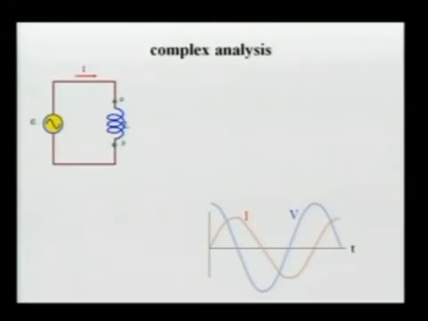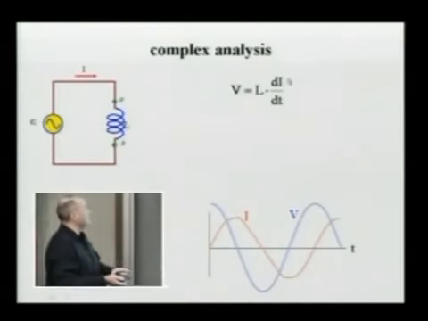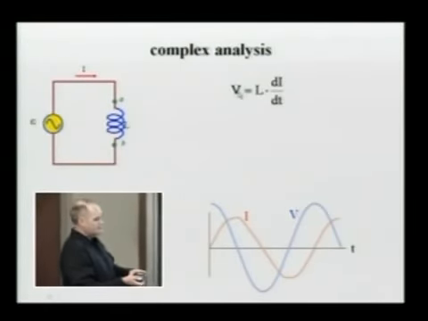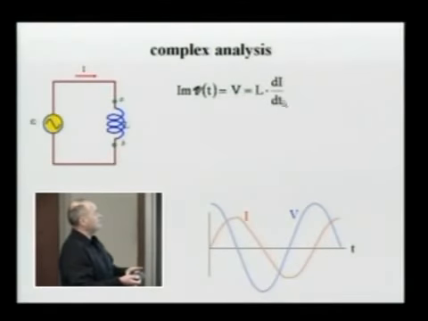Let's take a look now at the phasors. So we start again with the relationship between voltage and current for an inductor. And I recognize that here I have that voltage is imaginary part of the complex voltage, and current is imaginary part of the complex current.